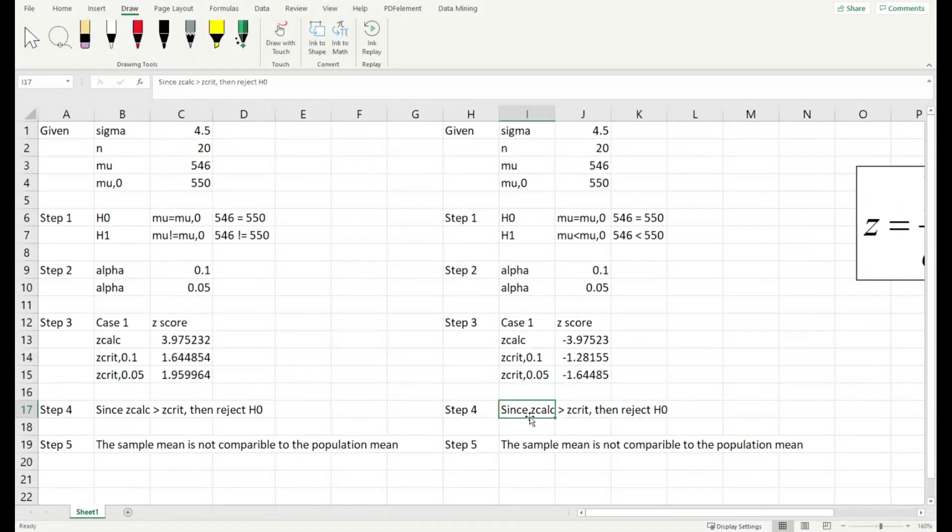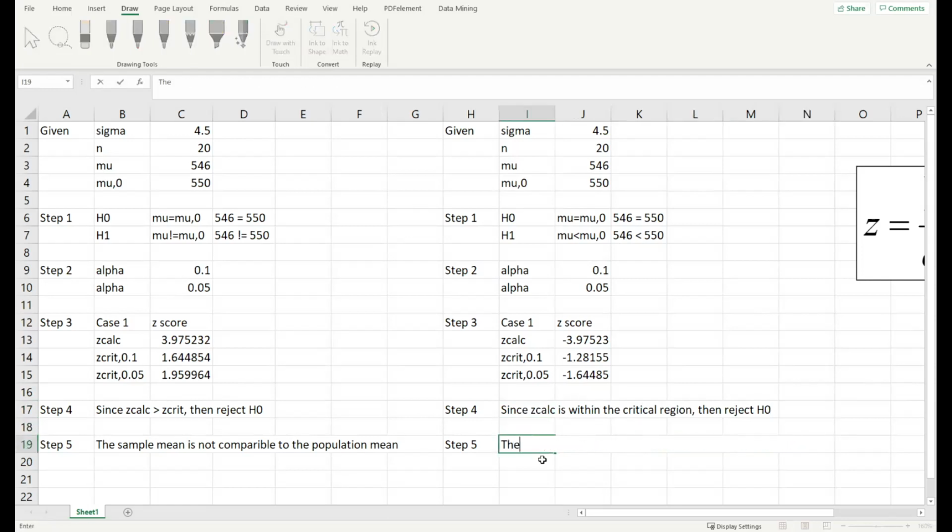So, dito, magiging conclusion natin is since your z-calc is within the critical region, then we reject H naught. Tama? Well within siya, no?